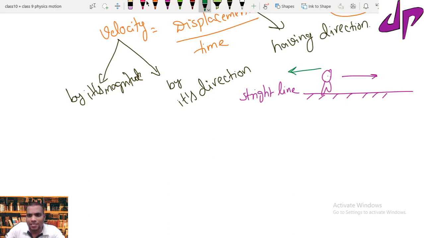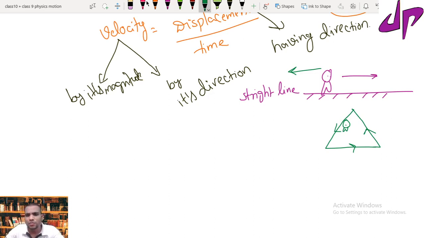Now instead of a straight line, if I take a triangular track and I am moving inside this track, how many times do I need to change direction to complete one revolution or one round?